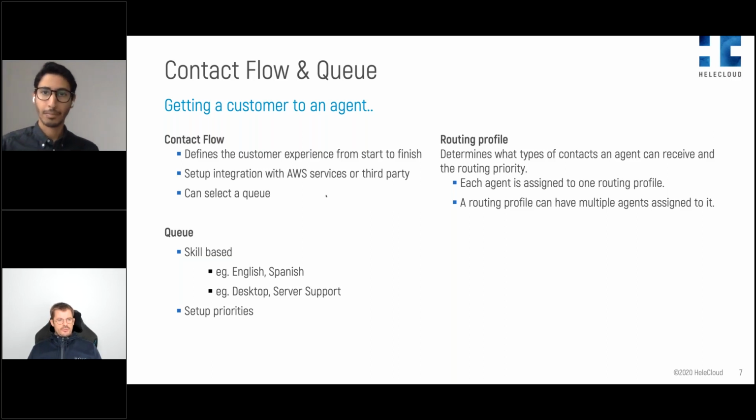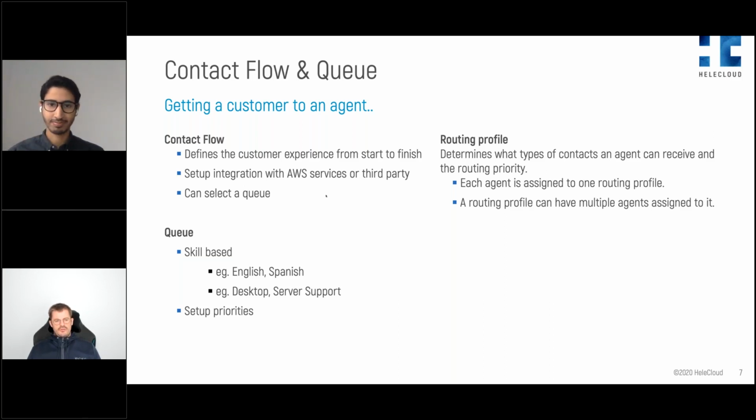And then routing profile is a relatively new addition, but it's quite nice. It's kind of a templating system. So you assign an agent a routing profile that says what types of contacts that agent can receive, and what the priorities look like.